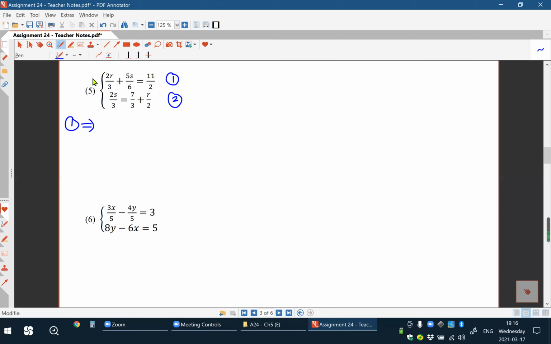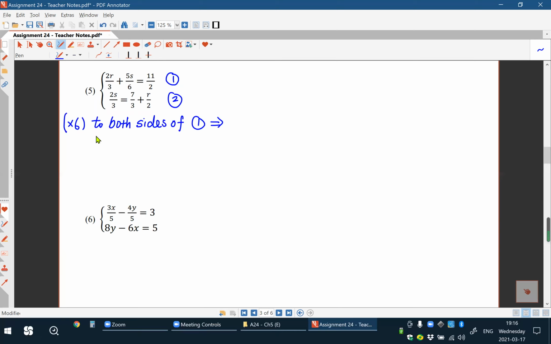Okay, let's times 6 to eliminate all the denominators. So times 6 to both sides of equation 1.